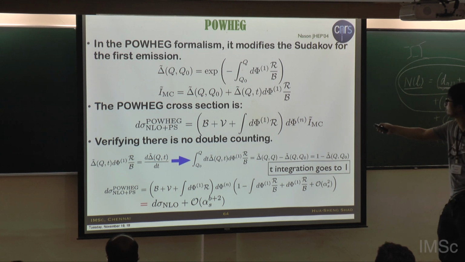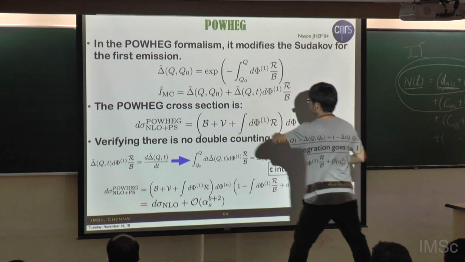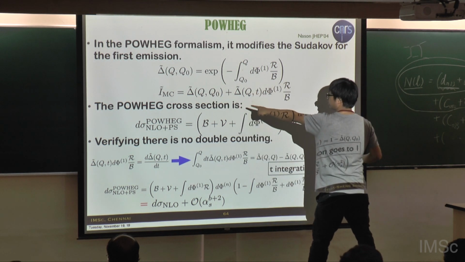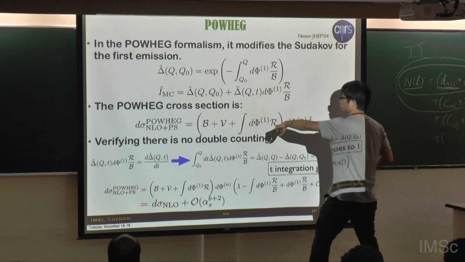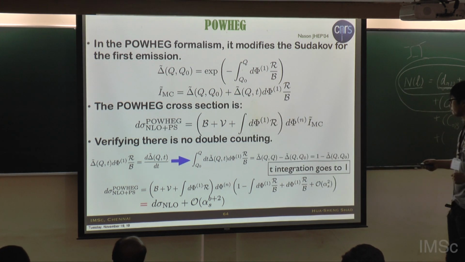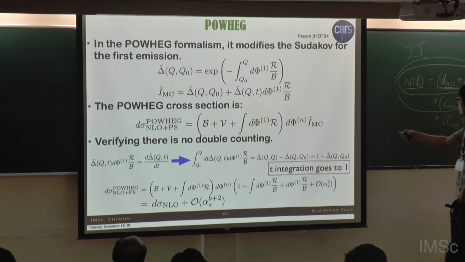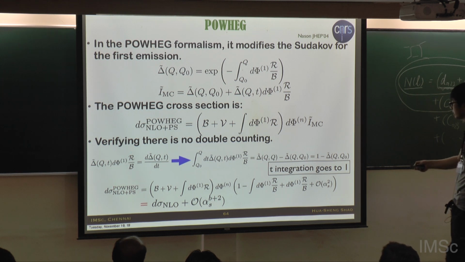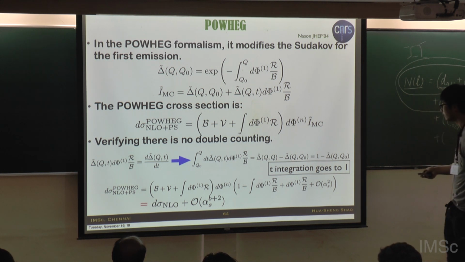So this is consistent with this term. So integrate this one with dt from Q0 to Q1, you get 1, unitarity, okay? So T integrated goes to 1. So then the POWHEG formalism is B plus V and R times the Born times I tilde, right? You can expand it. It's an exercise to see that there's no double counting anymore. You just recover next-to-leading order, okay?